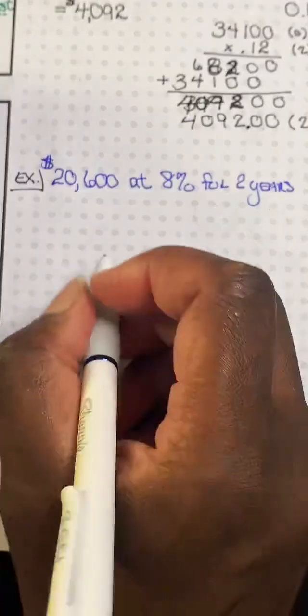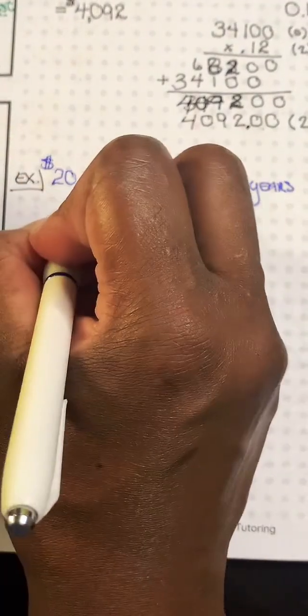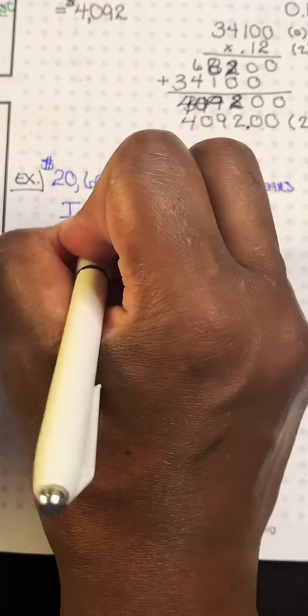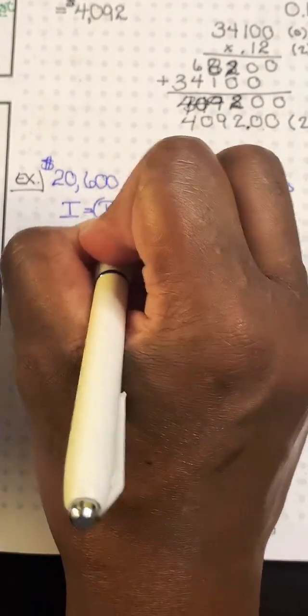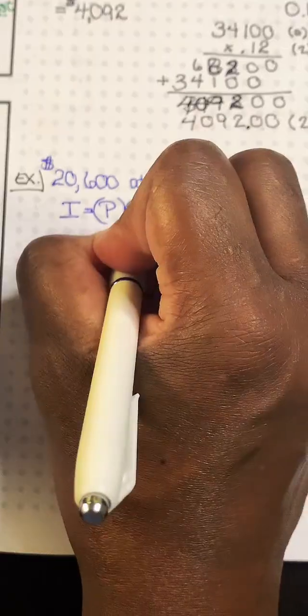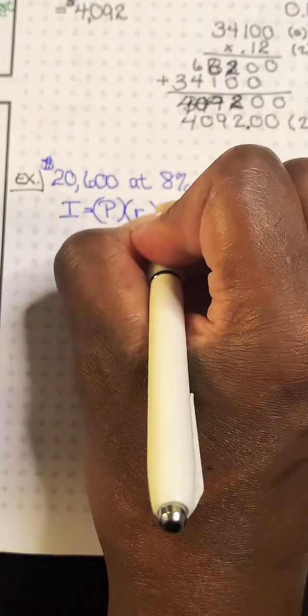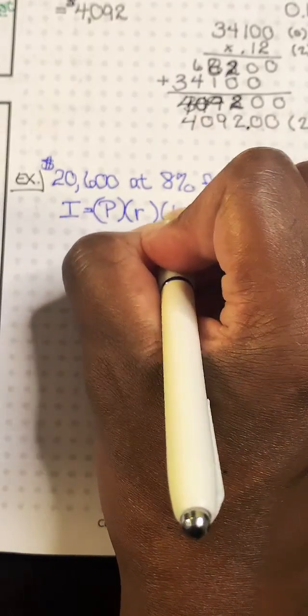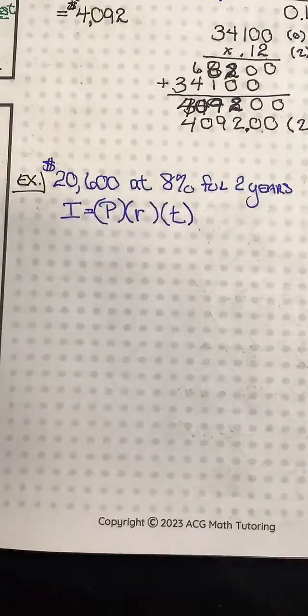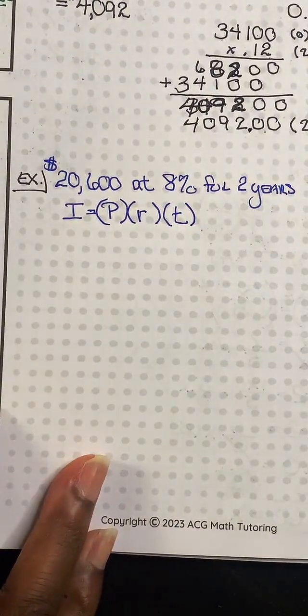So for those that are coming in, you're like, ooh, but what's the formula for simple interest? Remember, your interest is your principal, which is the P. That's what you start off with. Your R, your rate as a decimal, times your T in years. Not months, but years.